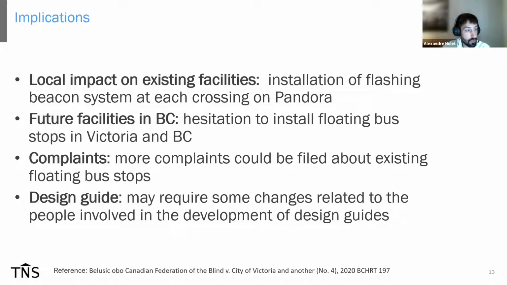A major implication is on our design guide, which may require some changes related to the people involved in the development of design guides, and that's changing. Maybe there's a conscious decision that has to be made where people with reduced visibility are involved in the early phases or through the process of developing these design guides.